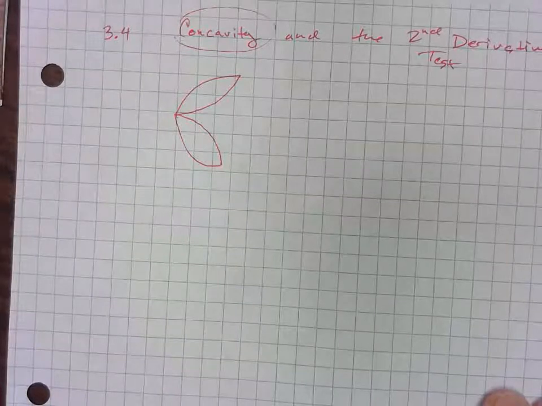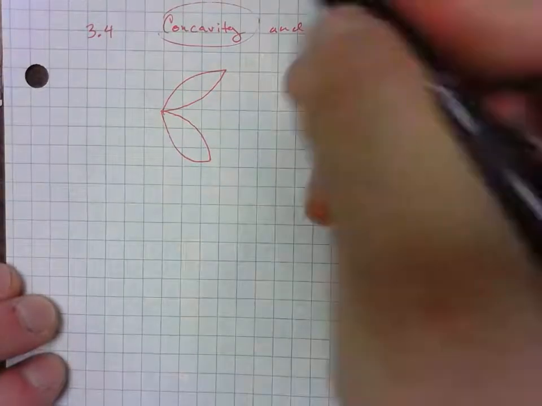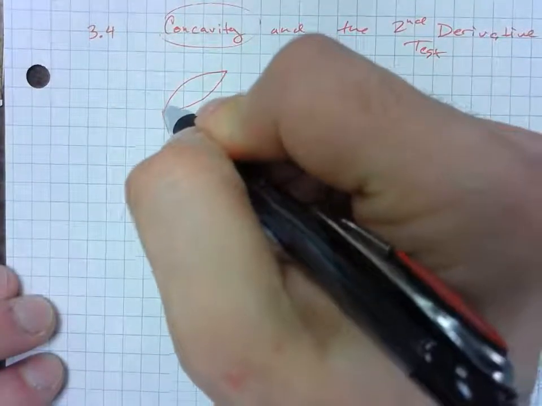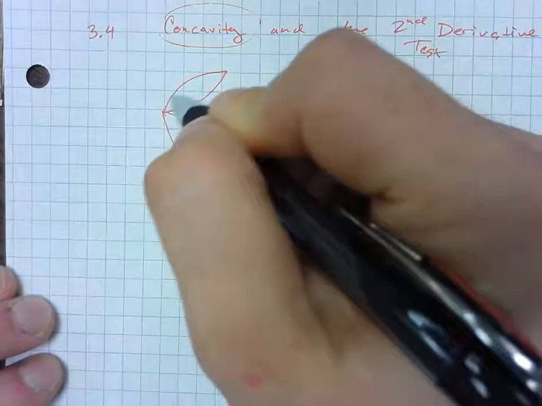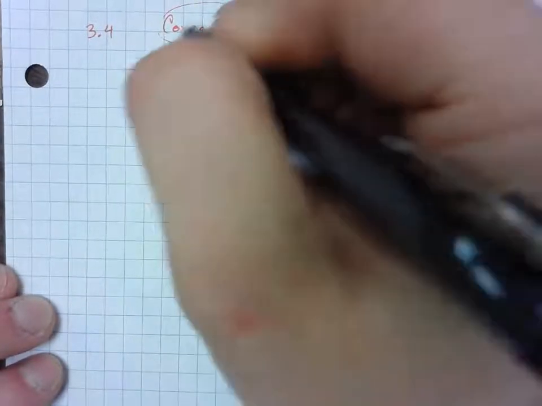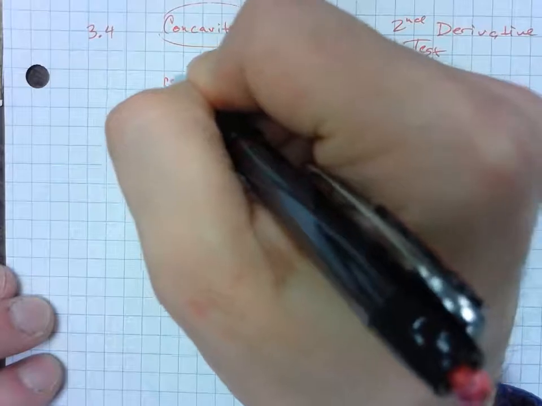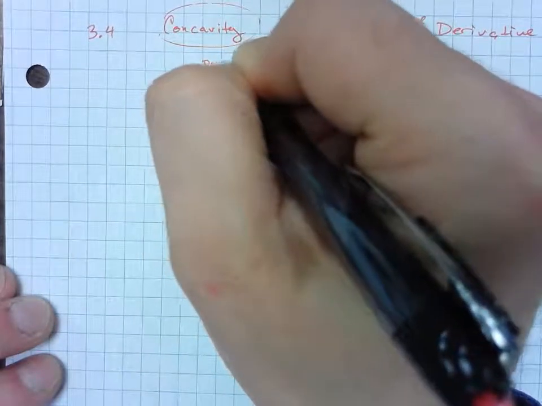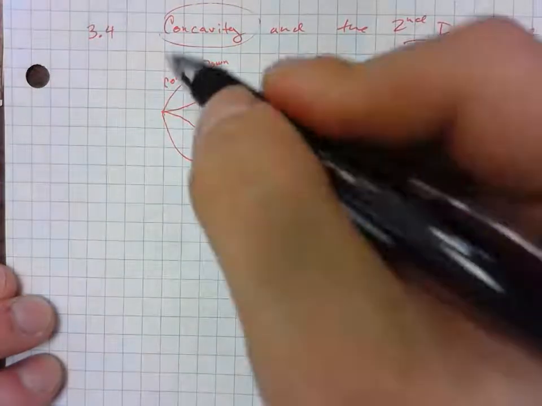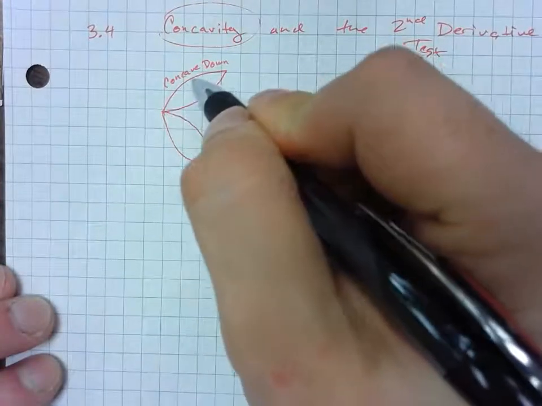But here we have part of a flower. And this petal right here is concave down because the slope is decreasing. So this is concave down, because the slope is getting smaller.